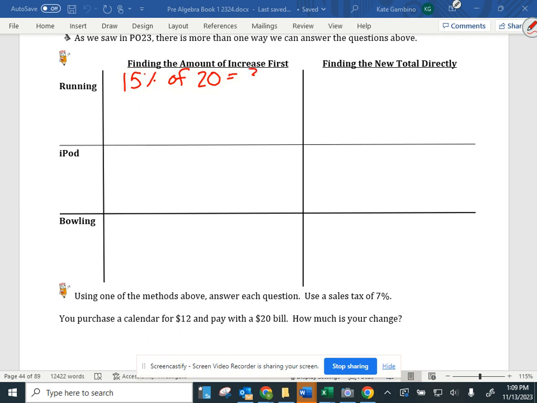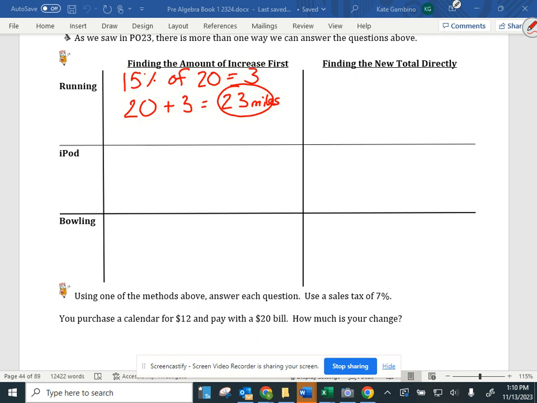So 15% of 20 is 3. Is our answer going to be 3? Are we going to run 3 miles this week? No, we're increasing. So we ran 20 miles and we want to increase it by 3. So we want our total number of miles for this week to be 23. So we find that percentage, 15% of 20, and then we have to add it back on to that original amount because we are increasing it.